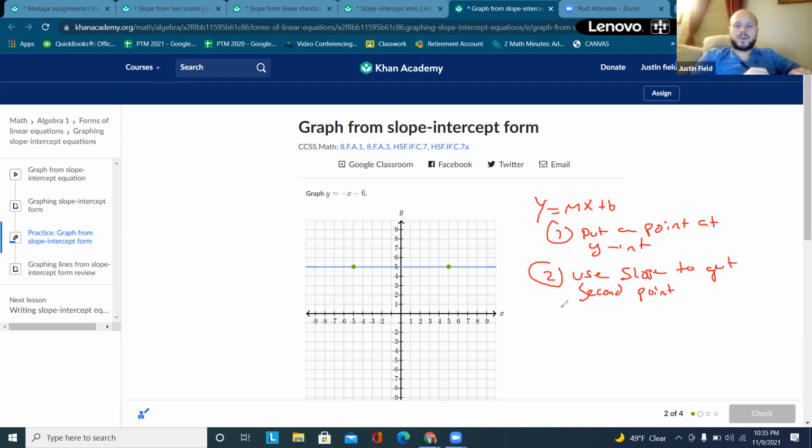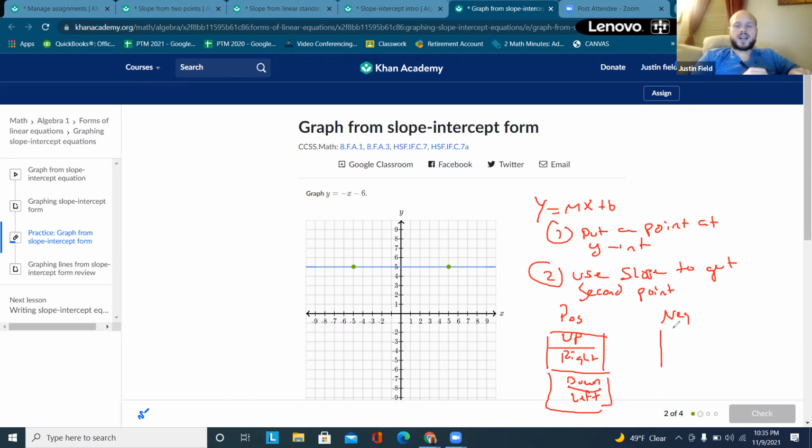Well, the slope is positive or the slope is negative, right? So if the slope is positive, then you go up and right, or you could go down and left. So those are your two choices. You're going to make it a fraction if we don't have a fraction for the slope. And we're either going to go up and right or down and left using that fraction.